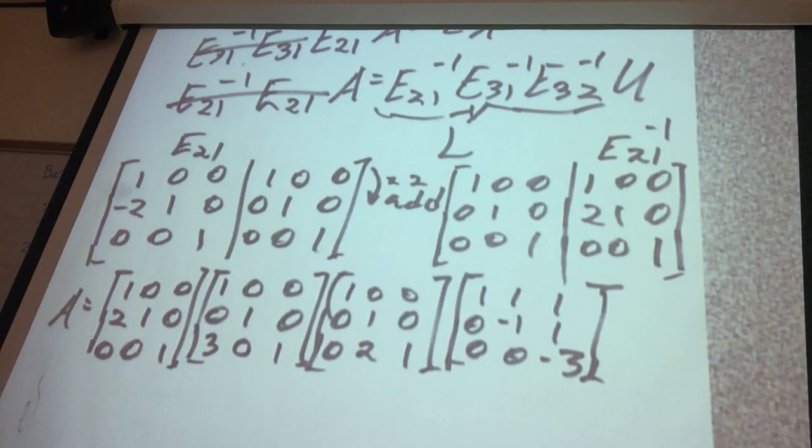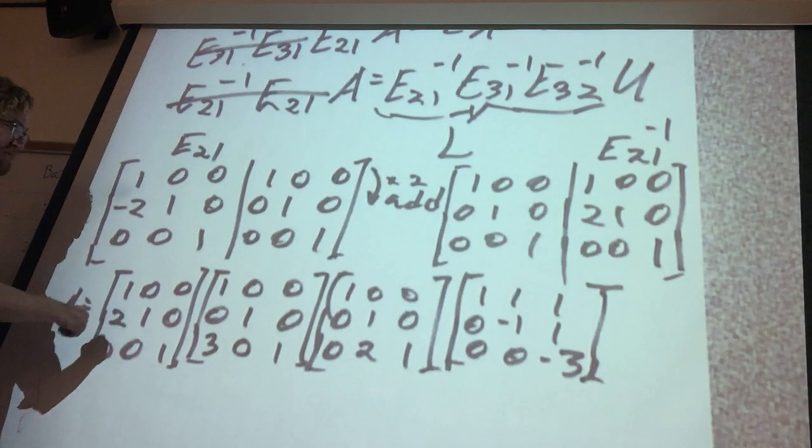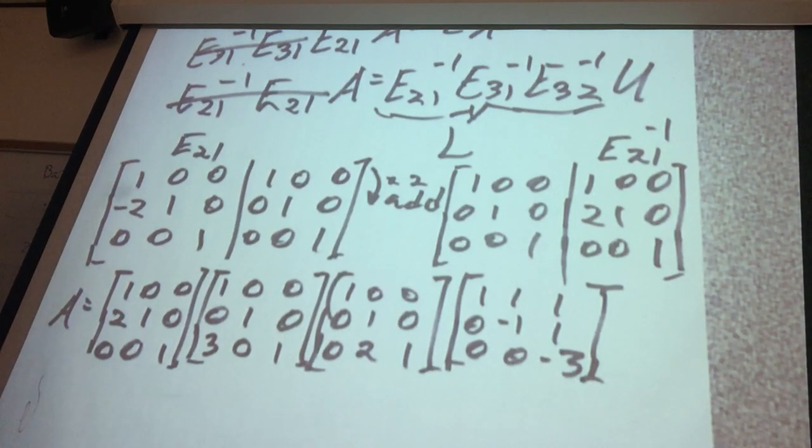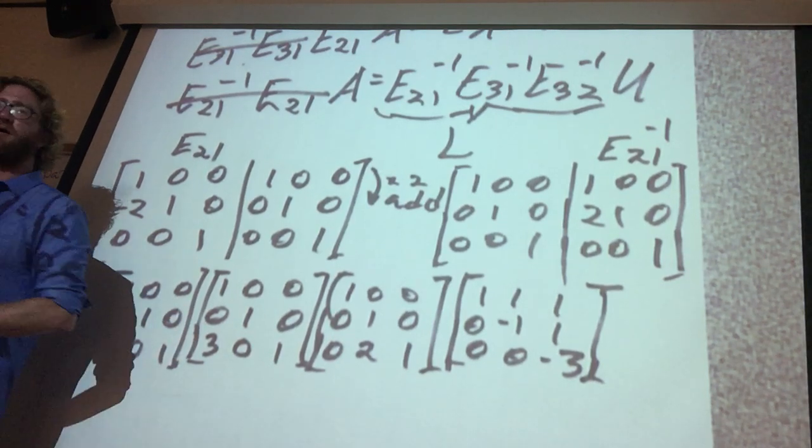All right, now what's going to happen with all of these? When this first matrix acts upon this one, the only thing that's going to happen is it's going to take the first row, multiply it by 2, and add it to the second row. So it's going to put a 2 right here. I'll write it up.